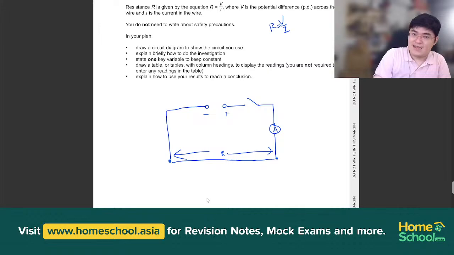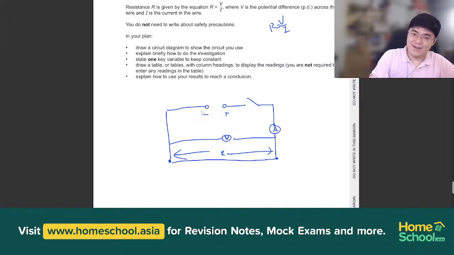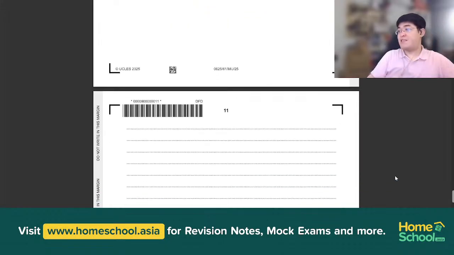And then, of course, you have to connect a voltmeter to check the potential difference across the wire. So this is our circuit diagram, very straightforward. Now let's move on to how we actually do the experiment.